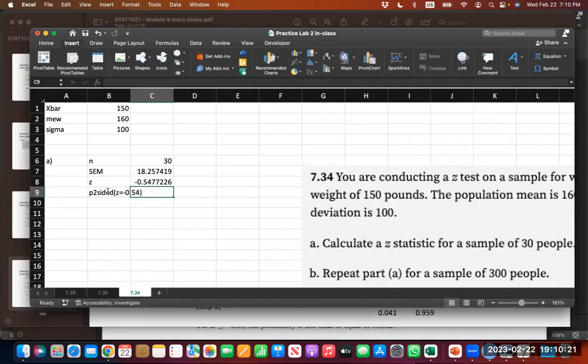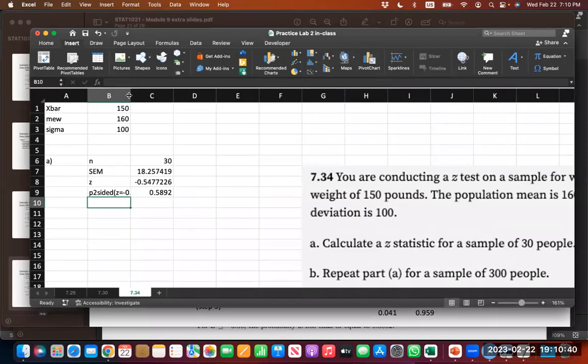So this would be 0.2946 multiplied by 2, which is 0.5892 for our two-sided hypothesis.